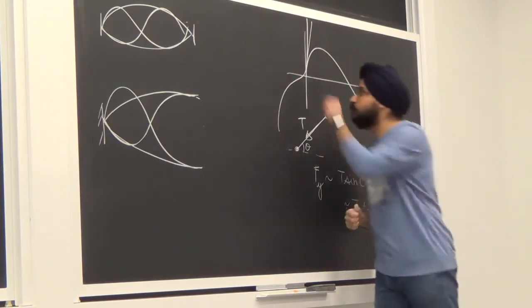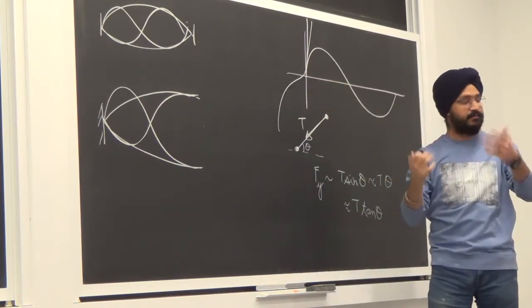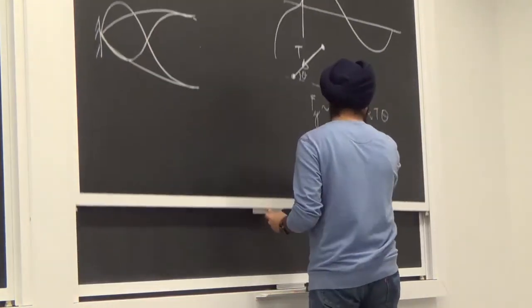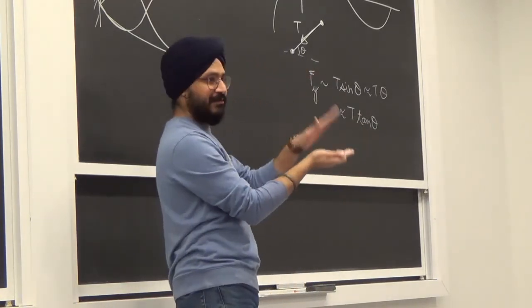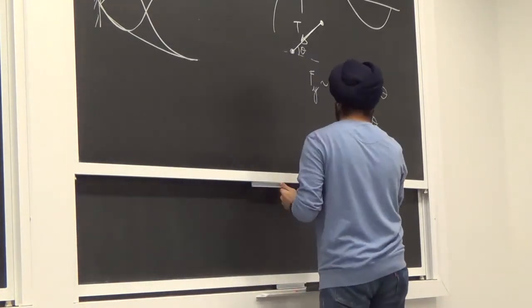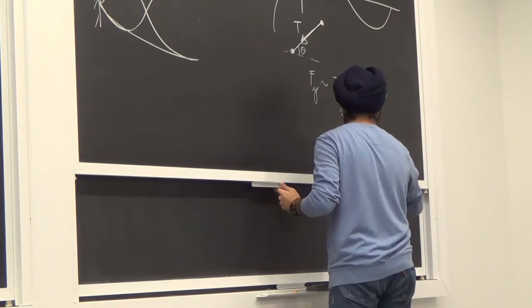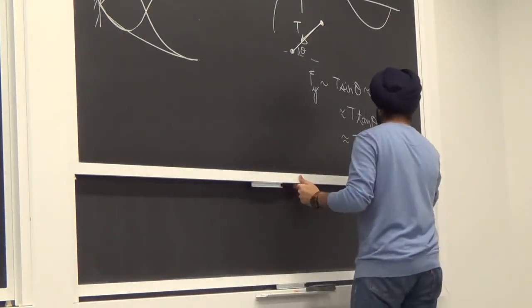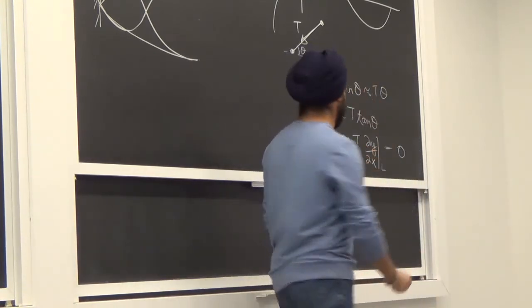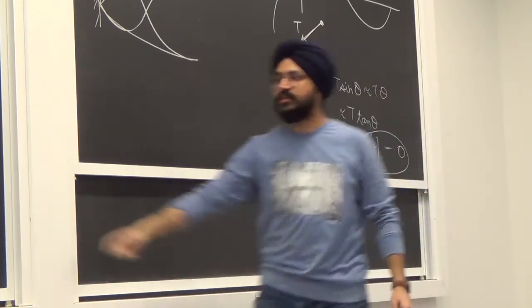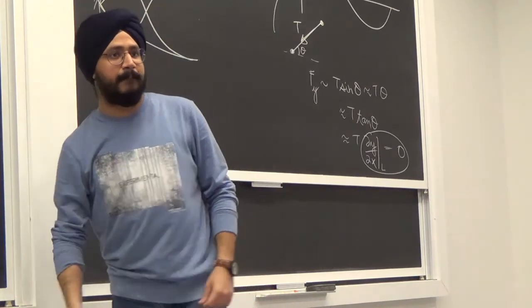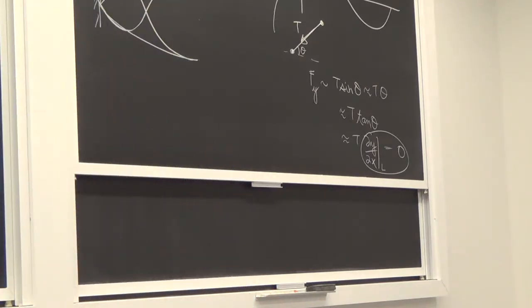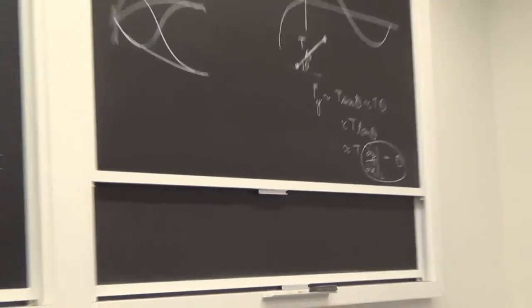If you really zoom in, that's what you will see. Tangent theta is the derivative of the curve, so this is T partial y partial x at x equals L. If the force has to vanish, the tension can't be 0, so the derivative goes away at the free end. Any questions about boundary conditions, standing waves, Fourier decompositions, Fourier inversion, anything?